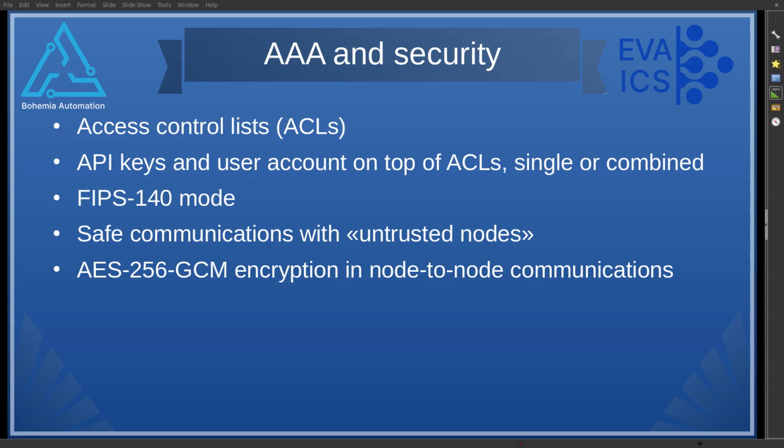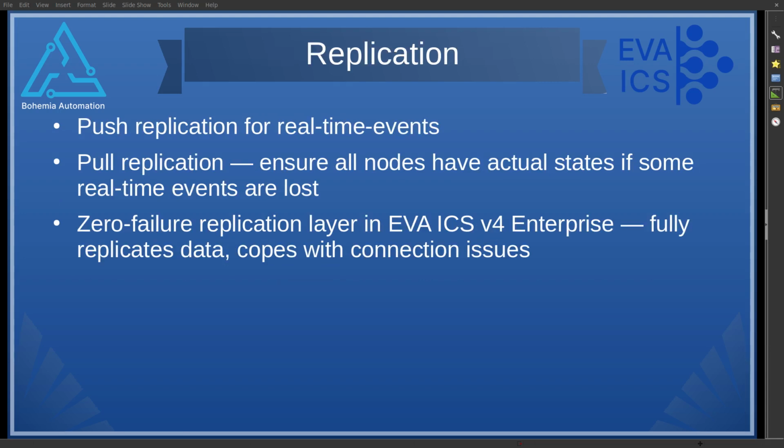Version 4 also has got a term untrusted node, which allows you to connect any untrusted nodes to your cloud, fully restricting all provided telemetry and actions with access control lists. All communication between V4 nodes is secured and encrypted with AES-256-GCM, which is better than the CBC we had in version 3.